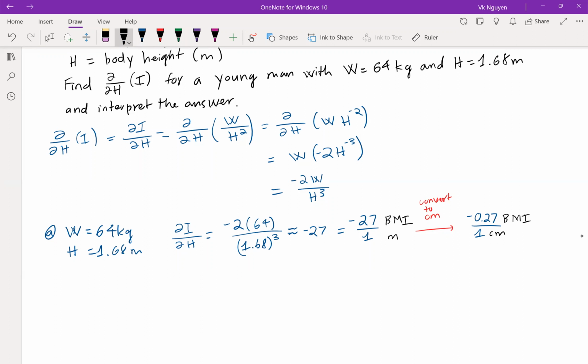From here, we should be able to interpret this, with the weight remaining unchanged. So that's the assumption.